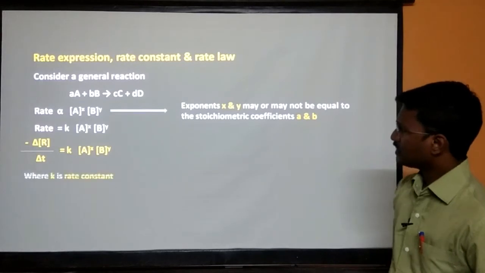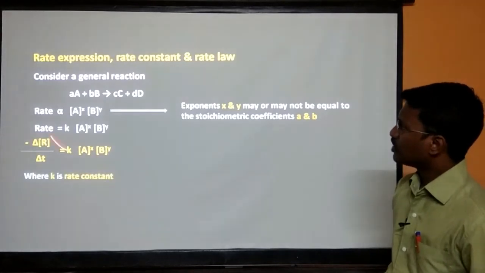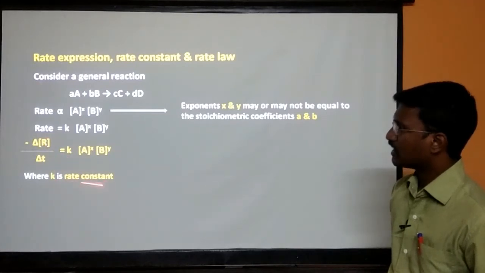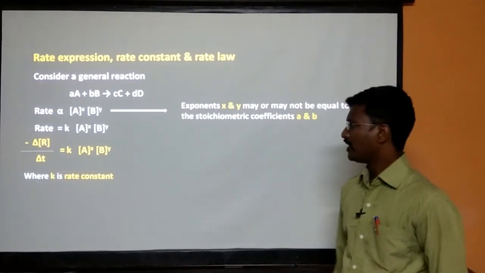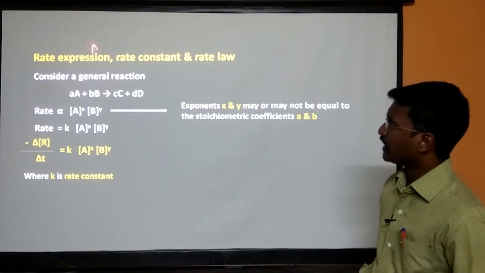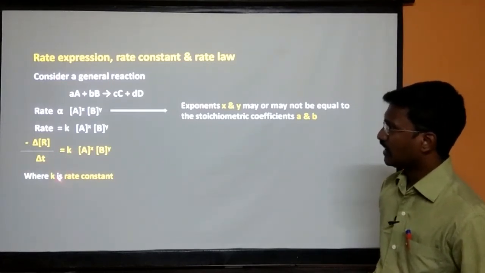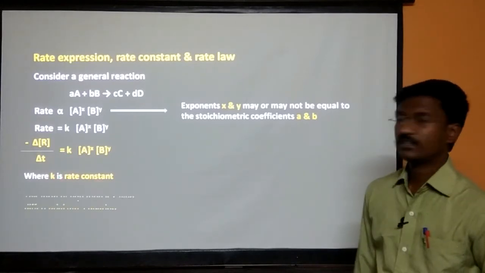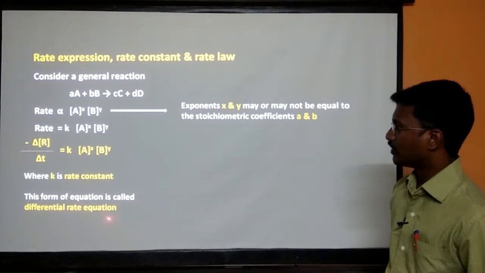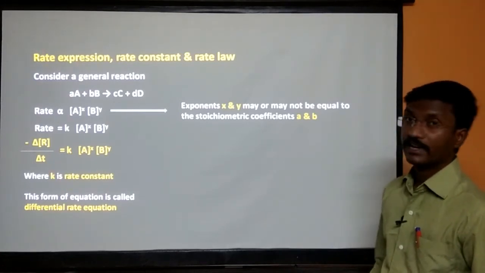Look here, this expression we are calling the rate expression, where in the rate expression the small k represents the rate constant. What is rate constant? Obviously they are not asking such questions, but you should remember that in the rate expression the constant small k is called the rate constant, whereas this expression itself is called the differential rate equation, or it is generally called the rate expression.